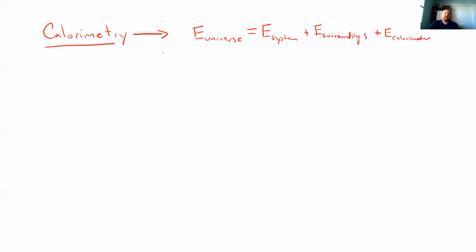Now, what you can do here is say the change in energy of the universe during any process is going to equal the change in energy of the system plus the change in energy of the surroundings plus the change in energy of the calorimeter, which is equal to 0, right?